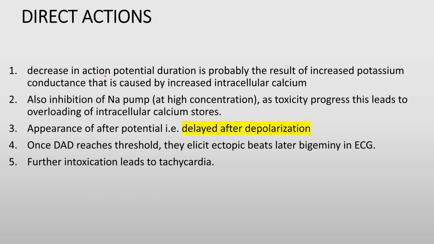So why is there decrease in action potential duration? When there is increased potassium, there is increase in conductance. Hence hyperkalemia decreases action potential duration. What is delayed afterdepolarization? Delayed afterdepolarizations are abnormal electrical impulses that can occur during the repolarization phase of the cardiac cycle.